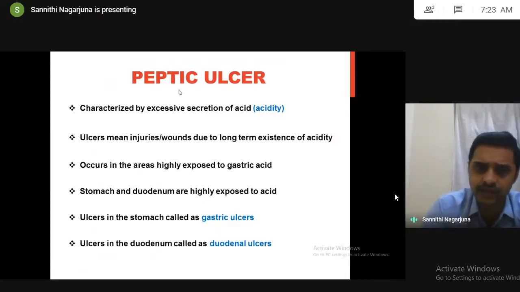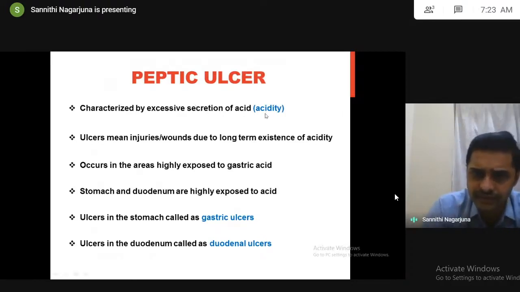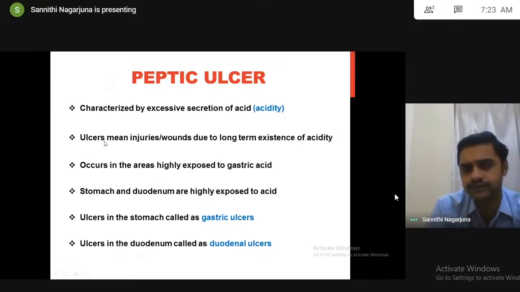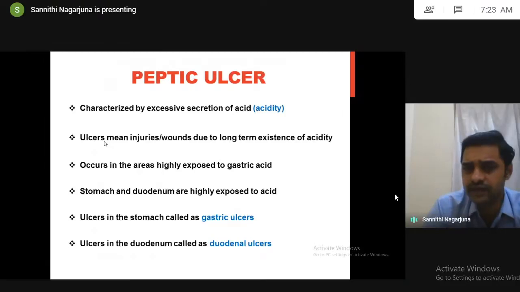If the acidity is there for a long period of time, that leads to the formation of wounds, injuries, which are called ulcers. Got my point? The normal function is release of acid, and the excessive secretion of acid is called acidity. If the acidity is there for a long period of time for any person, that leads to formation of injuries in the parts of the GIT which are called ulcers.